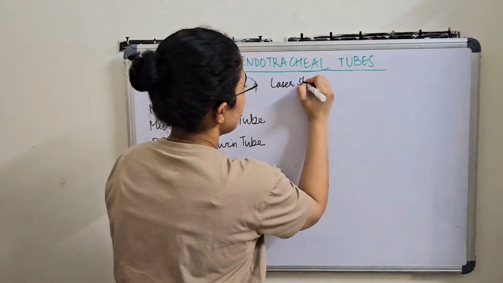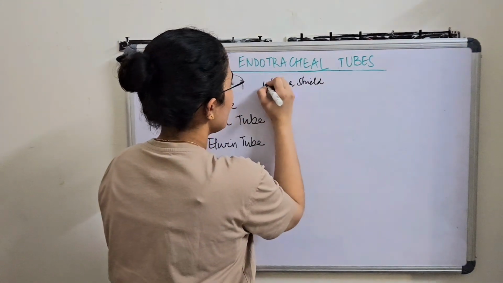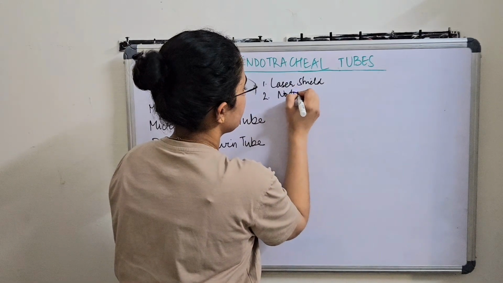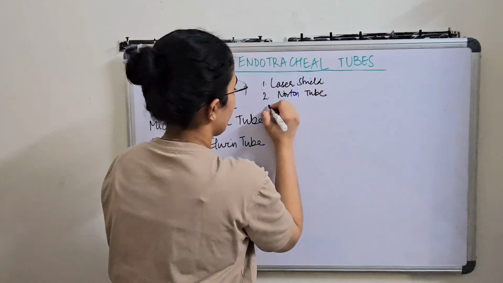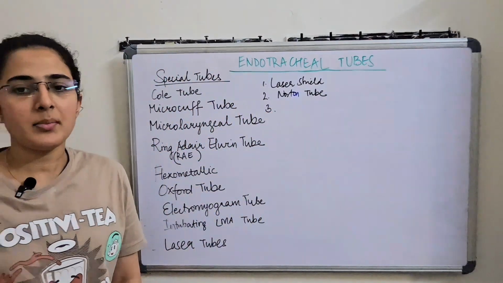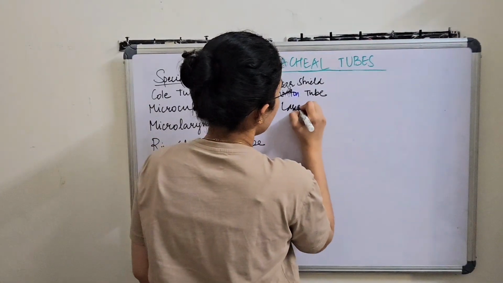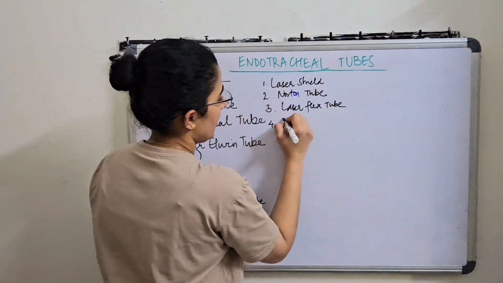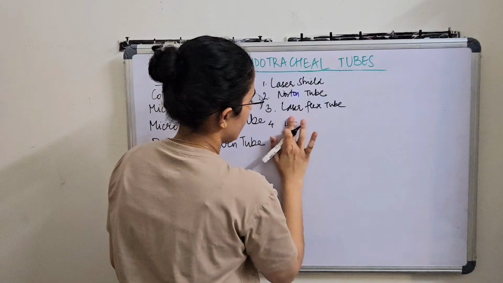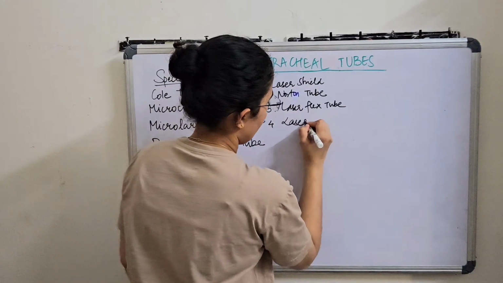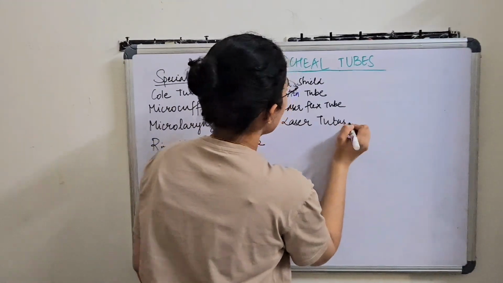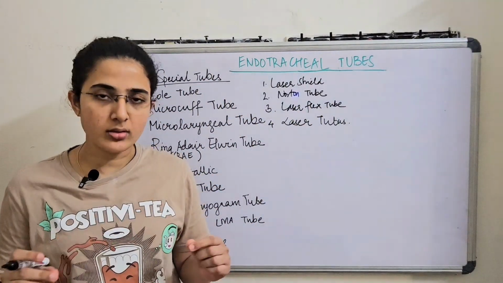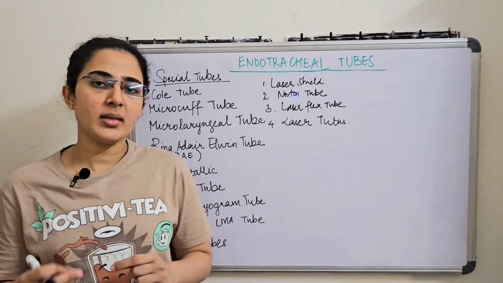We have laser shield tubes, then we have Norton tubes, number 3 is the laser flex tube, and laser tubes. Laser shield tube is basically made up of silicone that is coated with an aluminium wrap.